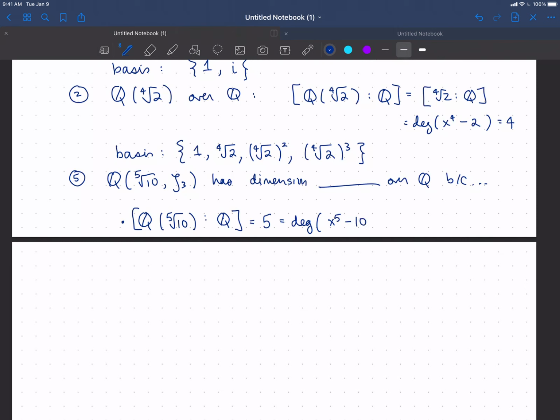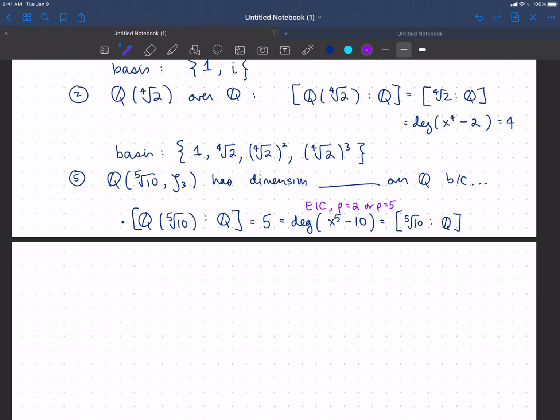That's irreducible with prime 2 or 5 using Eisenstein's irreducibility criterion. So the degree of that algebraic element, the 5th root of 10 over Q, is degree 5. You can check this with Eisenstein's irreducibility criterion and take your prime to be 2 or 5. Either one works.